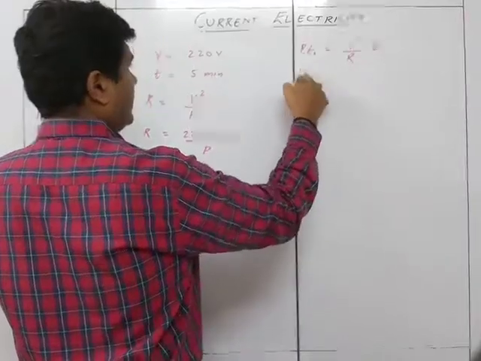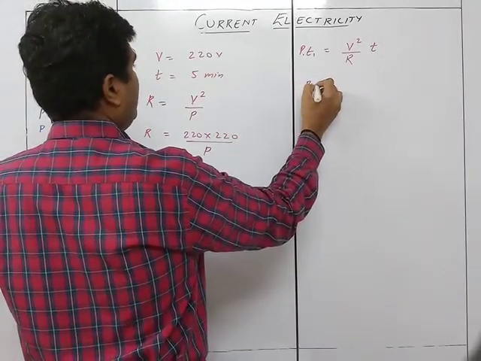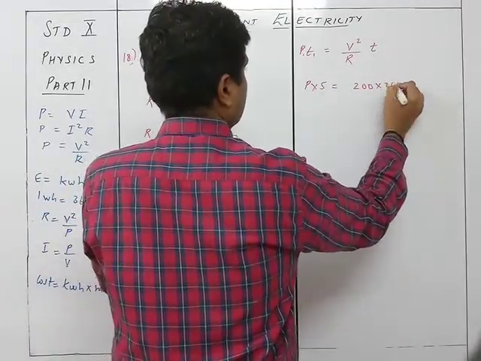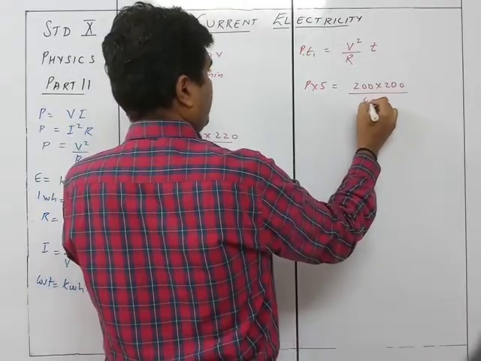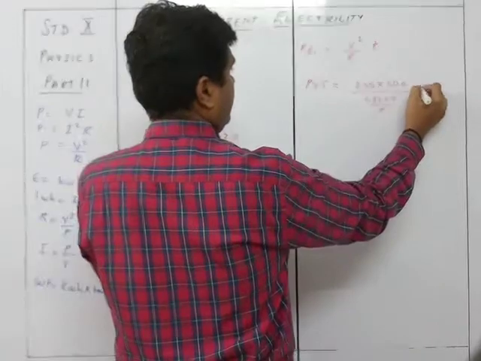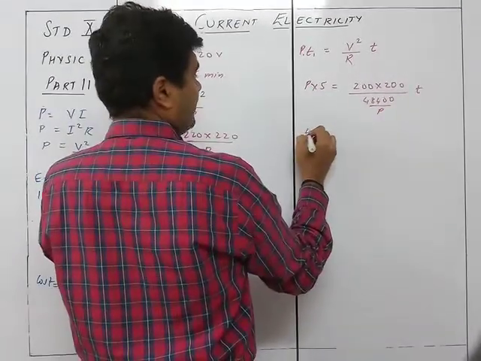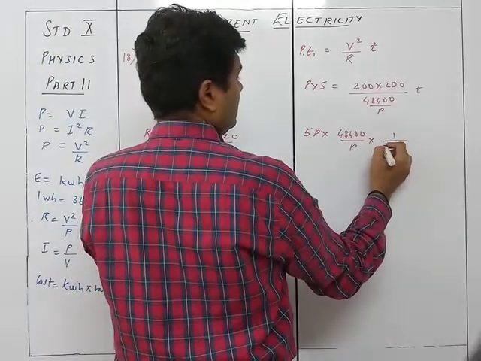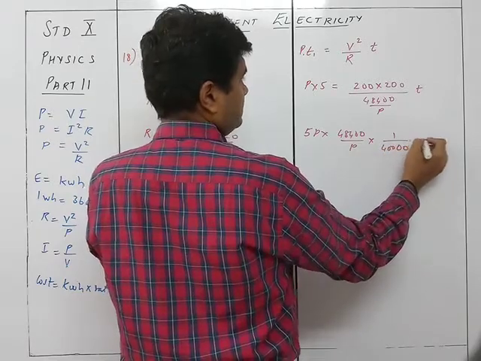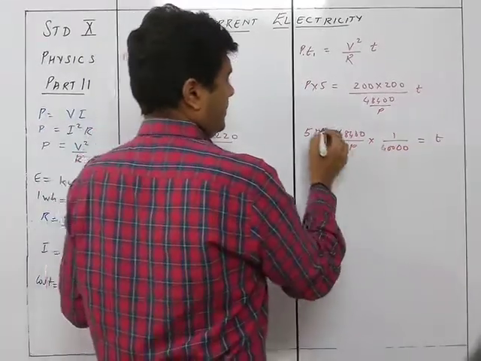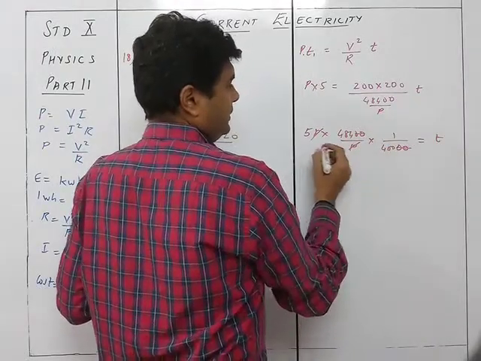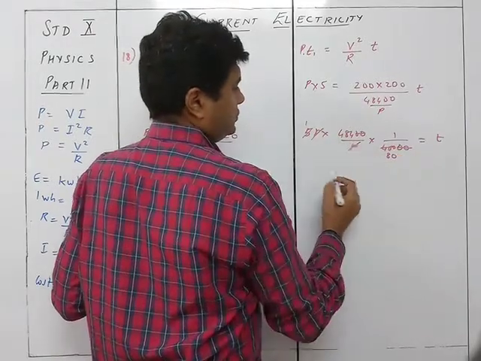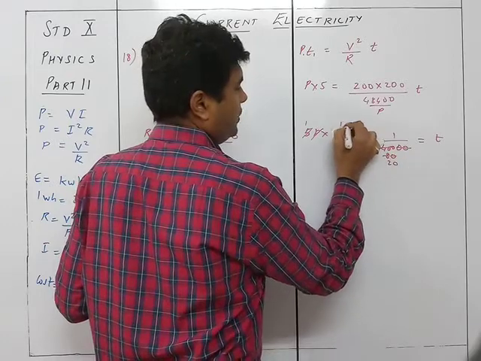So P into 5 is equal to 200 into 200 upon 48400 upon P into T. So this goes here: 5P into 48400 upon P into 1 upon 40,000 is equal to T. P cancels, zeros cancel here.